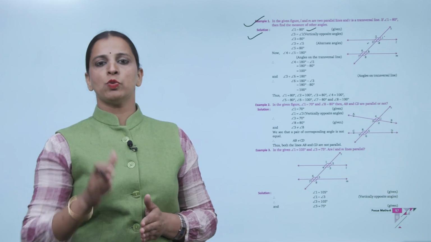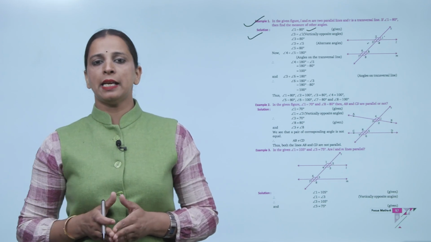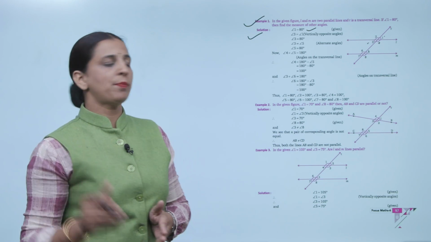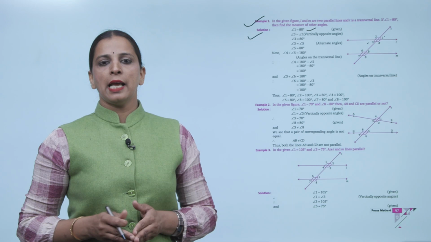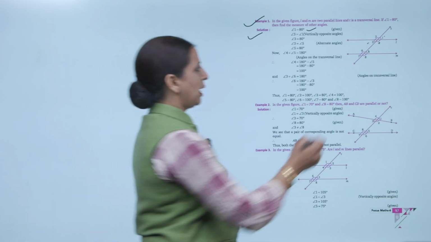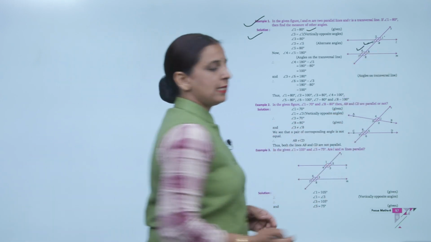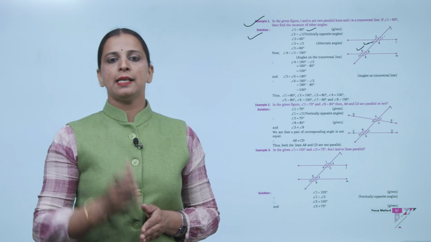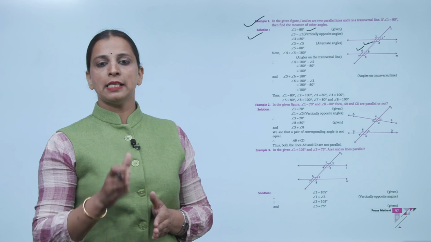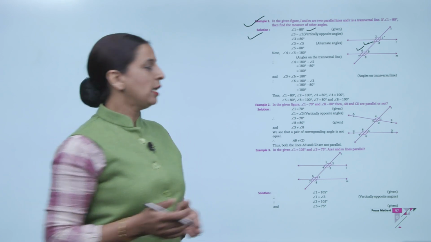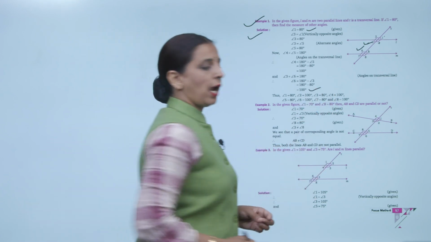So angle 4 is equal to 180 degrees minus angle 5, that is 180 degrees minus 80 degrees is equal to 100 degrees. And angle 3 plus angle 6 is equal to 180 degrees. Angle 6 is equal to 180 degrees minus angle 3, that is 180 degrees minus 80 degrees, that is also equal to 100 degrees.